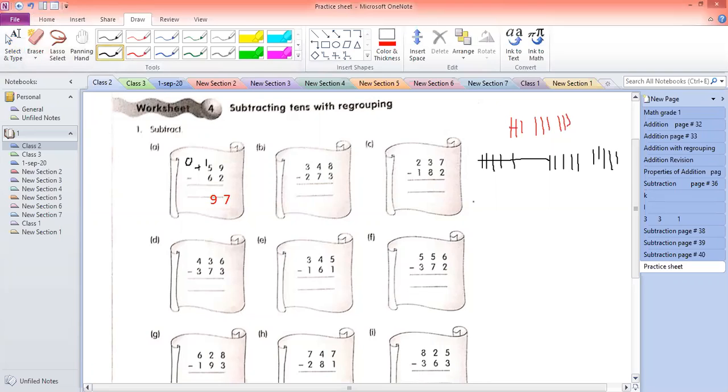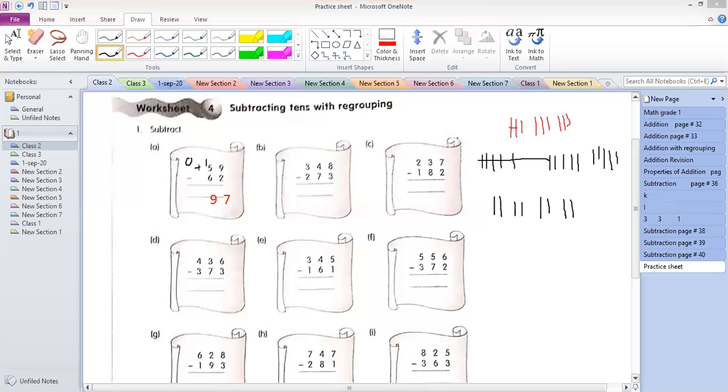Draw 8 lines. 1, 2, 3, 4, 5, 6, 7, 8. How many do I need to subtract? 3.